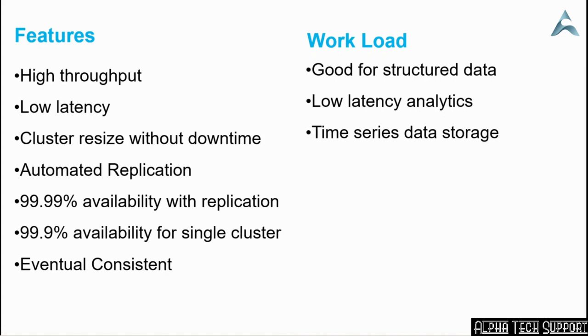In the case of Bigtable, you can achieve high availability by creating a replica cluster for a Bigtable instance. Once this replica is created, you just need to write data once into Bigtable and your data will be automatically replicated to the replica cluster asynchronously. Bigtable follows the eventual consistency model.